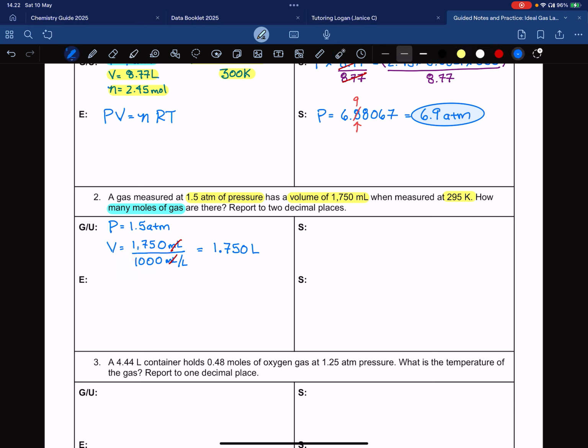All right, PV is equal to N. N, we do not know, but it's in moles. T is 295 K, so we're good to go. All right, so PV is equal to nRT. So pressure, 1.5 atmospheres times V, 1.75 liters, is equal to N, don't know, times 0.0821 times T, 295.